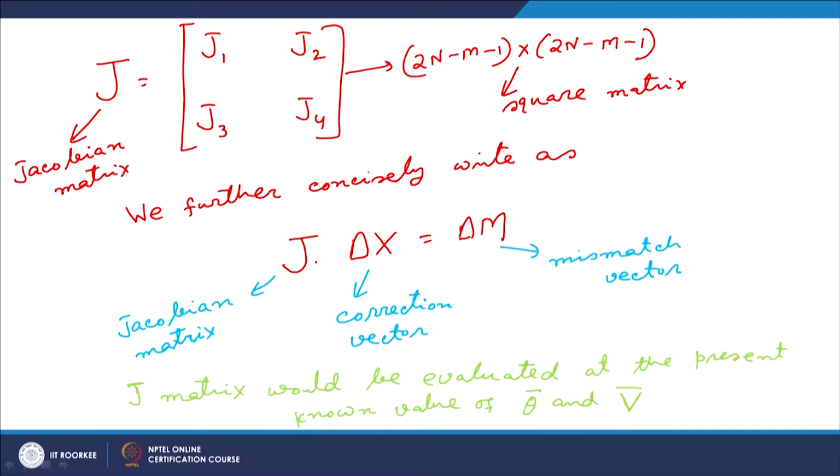When we start the iteration, what is the known value of vector theta and vector v? This is nothing but the initial guess. So when we start the iteration, we know the vector theta naught and the vector v naught, which are the initial guess. So we simply evaluate this matrix J by substituting these values of theta naught and v naught.